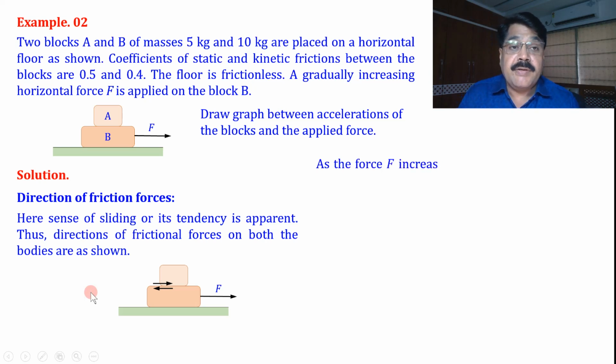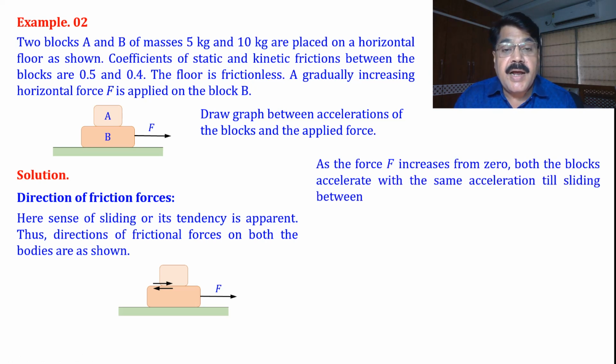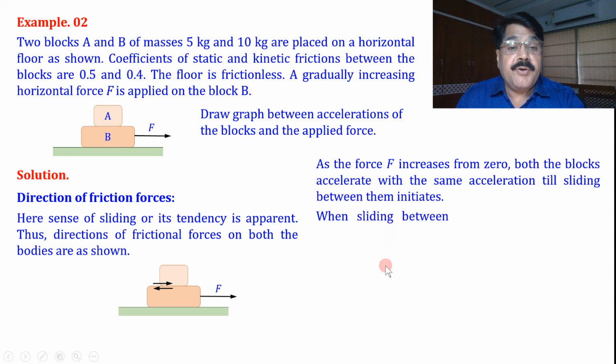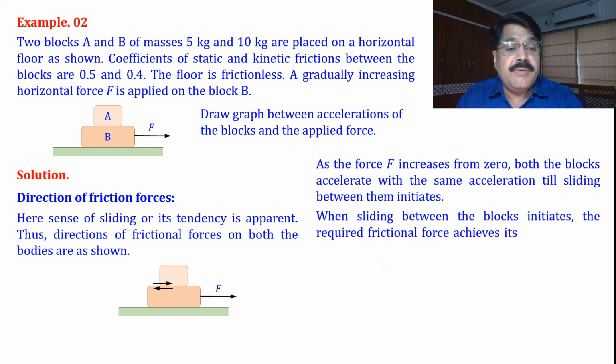Now we think about the future sequence of events. As the force F increases from 0, both the blocks accelerate with the same acceleration till sliding between them initiates. When sliding between the blocks is about to initiate, the required frictional force achieves its limiting value.